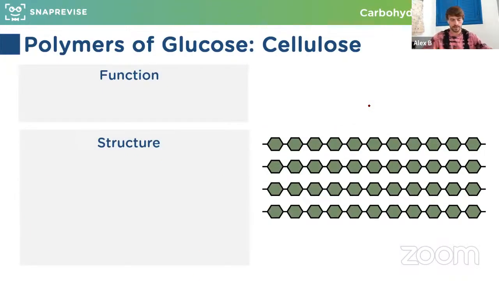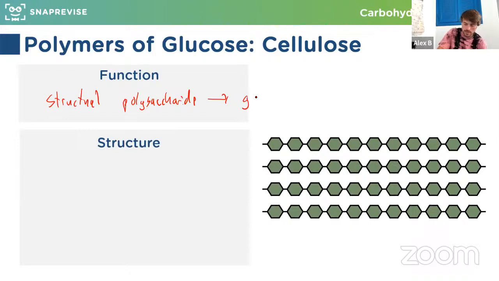Okay, then cellulose we said is cell wall. Gives strength to cell walls. Its structure is beta glucose.